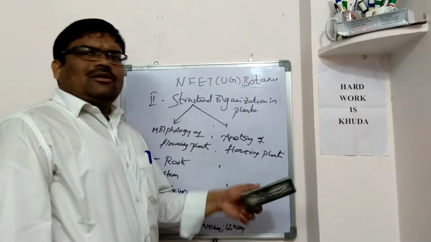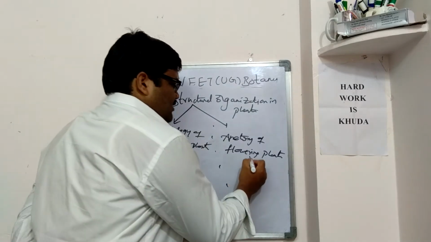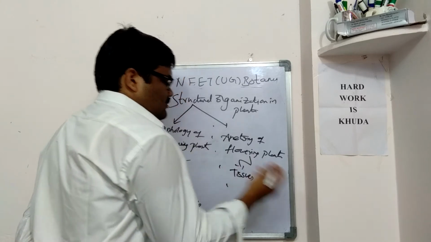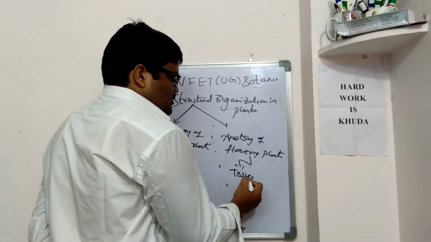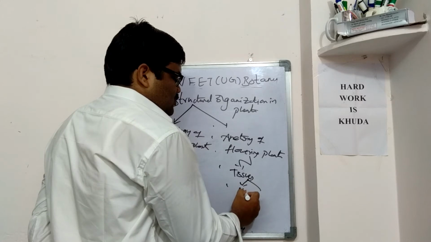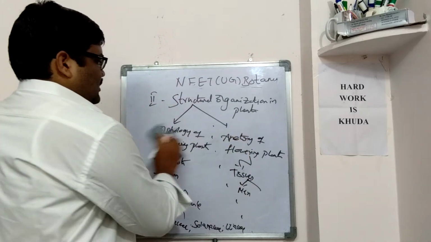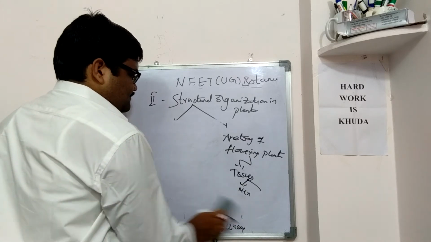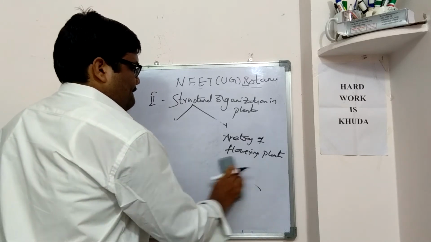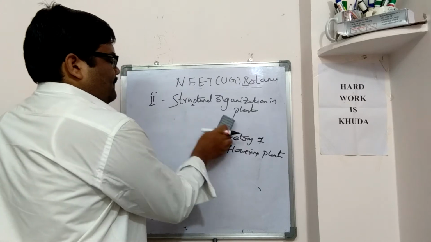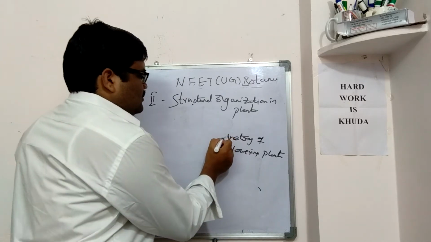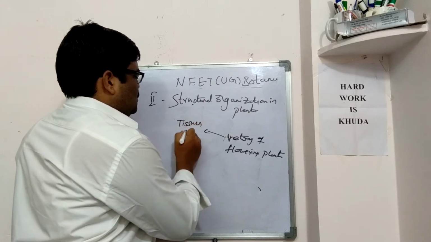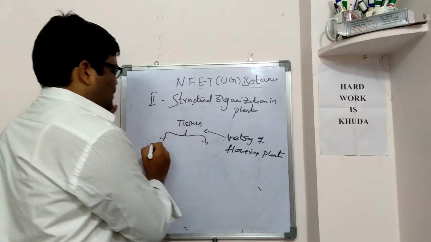Whereas anatomy of flowering plants deals with anatomy, for example, tissues. There are two important kinds of tissues. We will take a separate chart. In anatomy of flowering plants, we discuss tissues. Tissues are again of two kinds broadly.